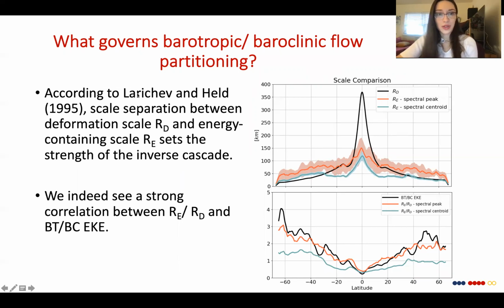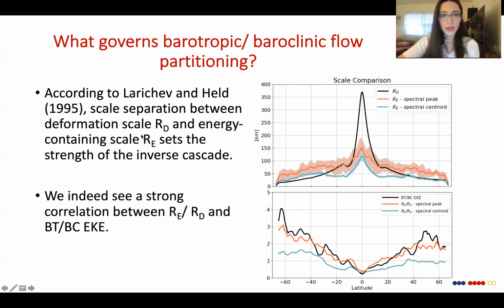So according to existing theories from the 1990s by Larichev and Held, this was for a two-layer quasi-geostrophic, relatively idealized system. The scale separation between the deformation radius, RD, and the energy containing scale, so this is the eddy scale, which we call RE, can help set the strength of the inverse cascade.